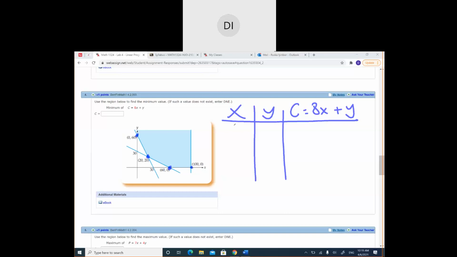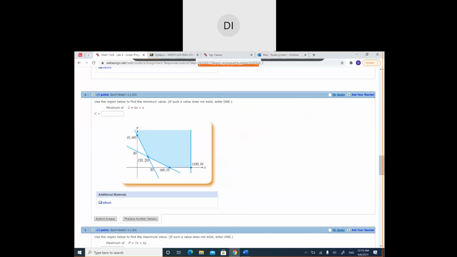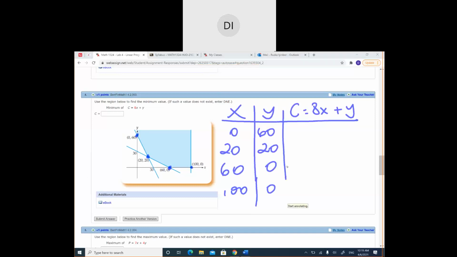So you're going to get 0, 60, 20, 20, 60, 0, and 100, 0. Make sure you include all the points. And then after you have all the points, you're going to plug it in, you're going to evaluate. So I have 8 times 0 plus 60.